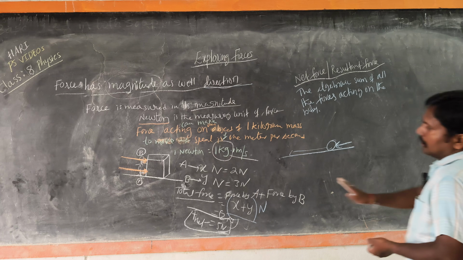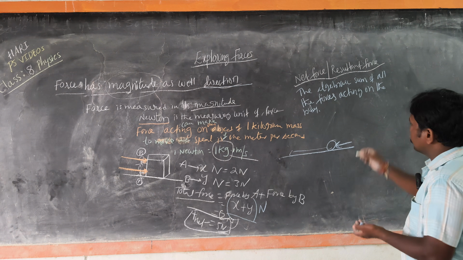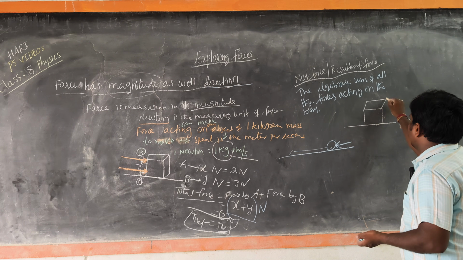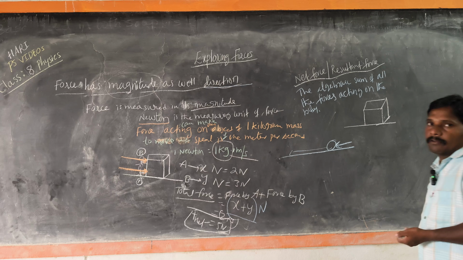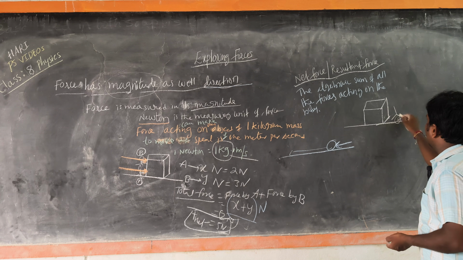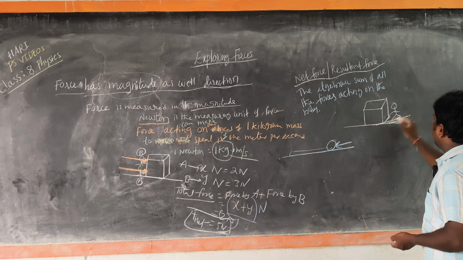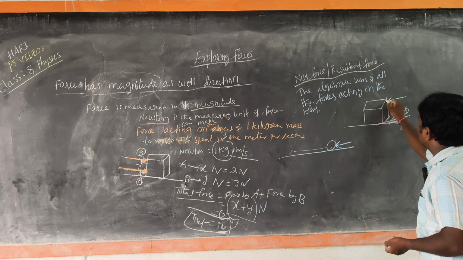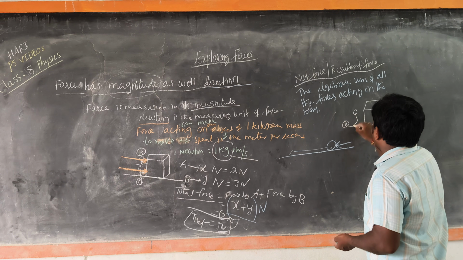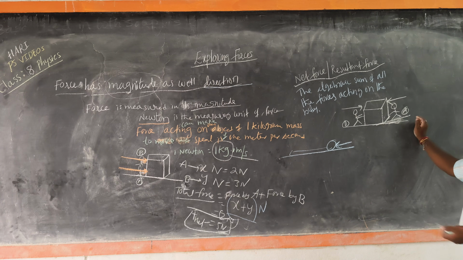Here the same side forces are acting. For example, the heavy box is on the floor. Person A applies force right to left, then person B applies force left to right.